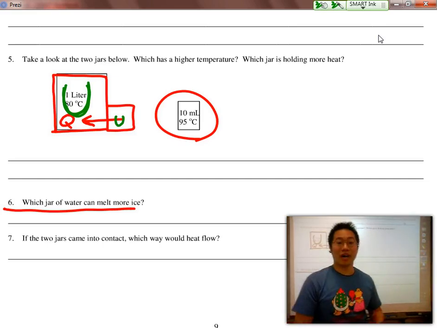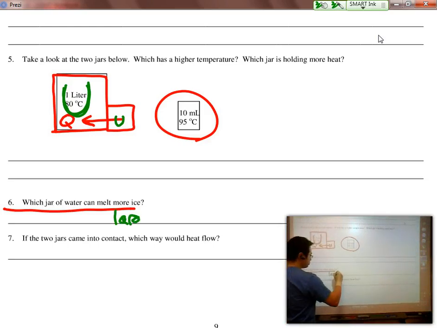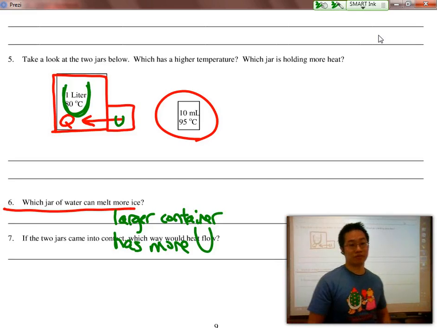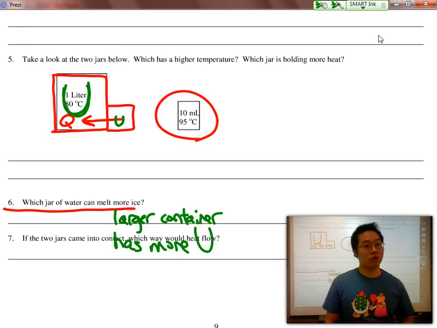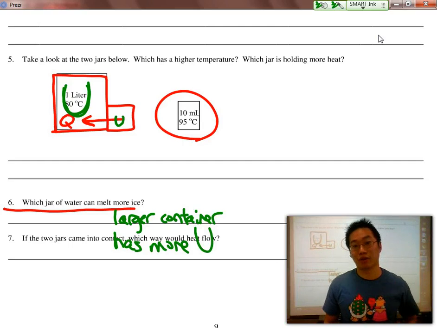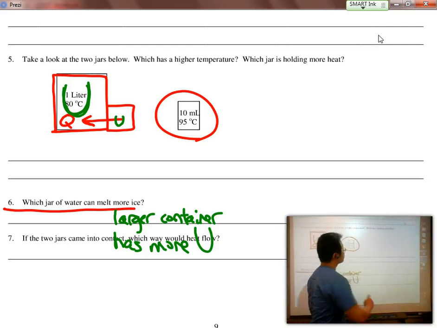So if you were to put ice into the container, the larger container has more U. It has more internal energy itself. Okay? Heat transfer, Q, depends on high temperature and low temperature, but the amount of energy stored depends entirely on how many molecules there are. And a large jar has a lot more molecules.